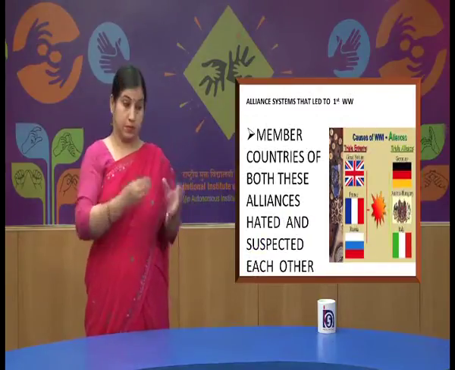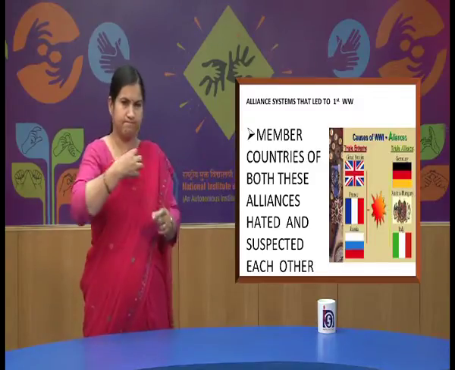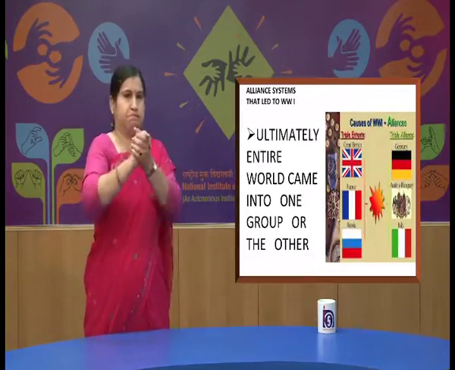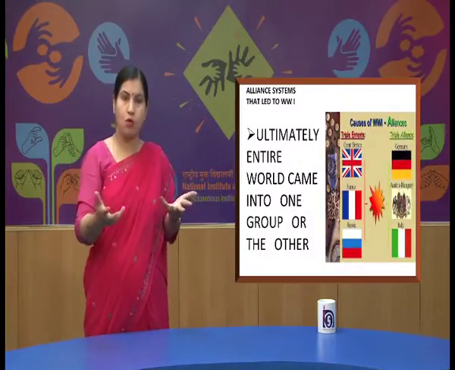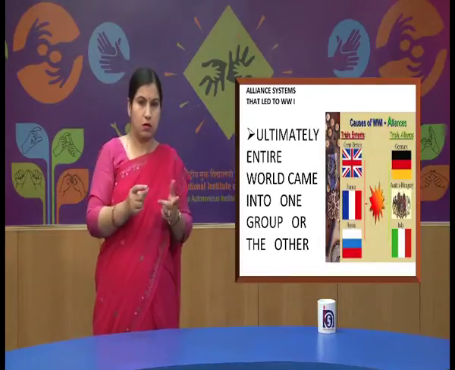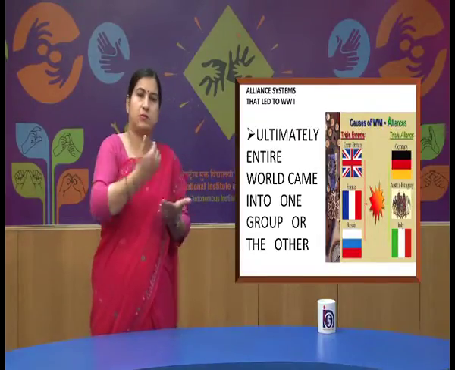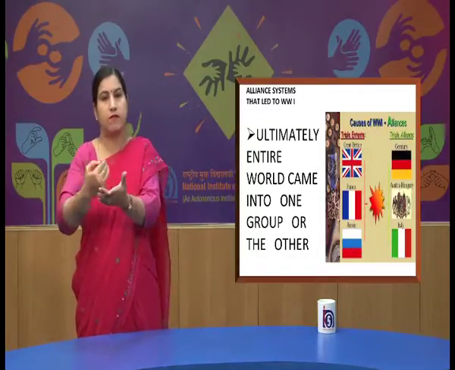Members of both these alliances hated and suspected each other. Countries on both sides started collecting more and more dangerous weapons, and there spread danger of war in the world.